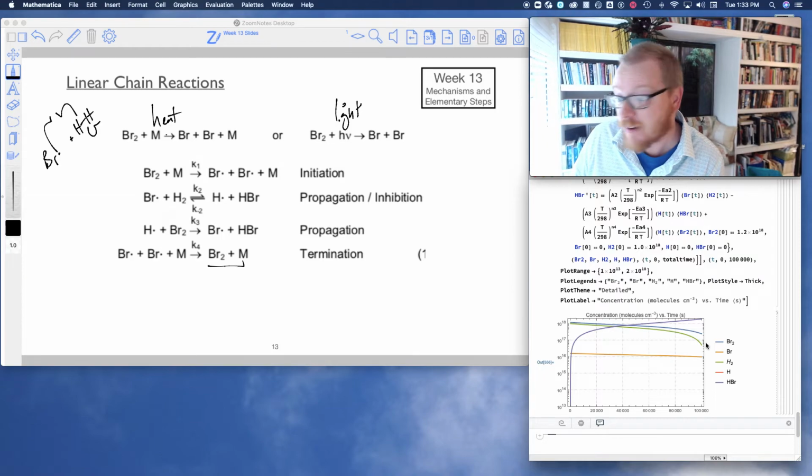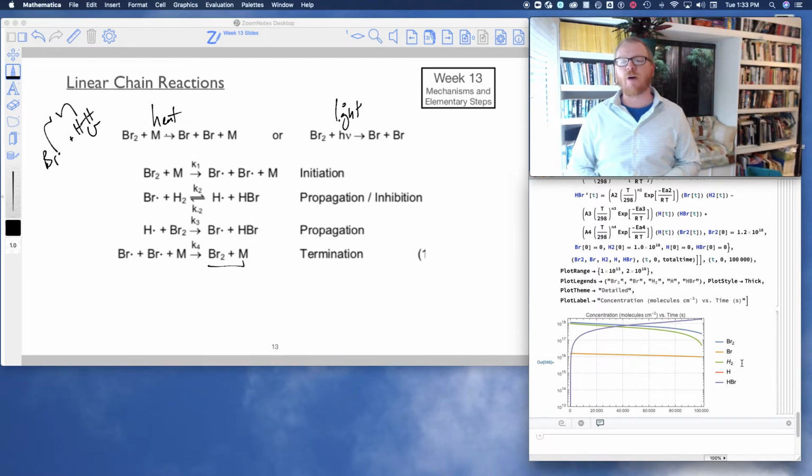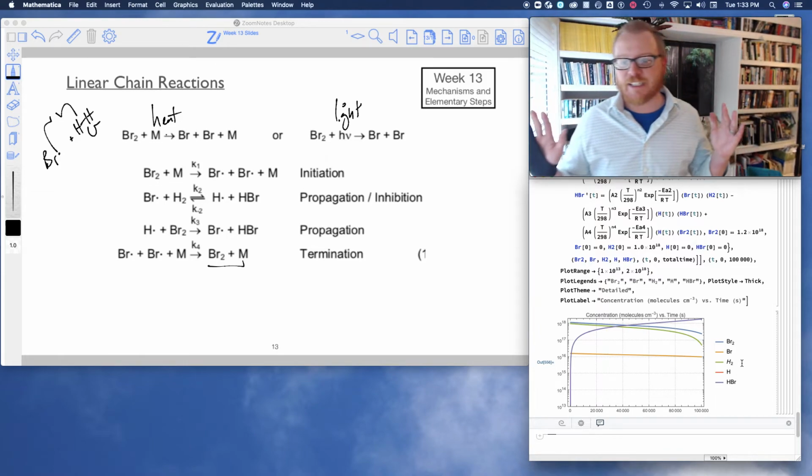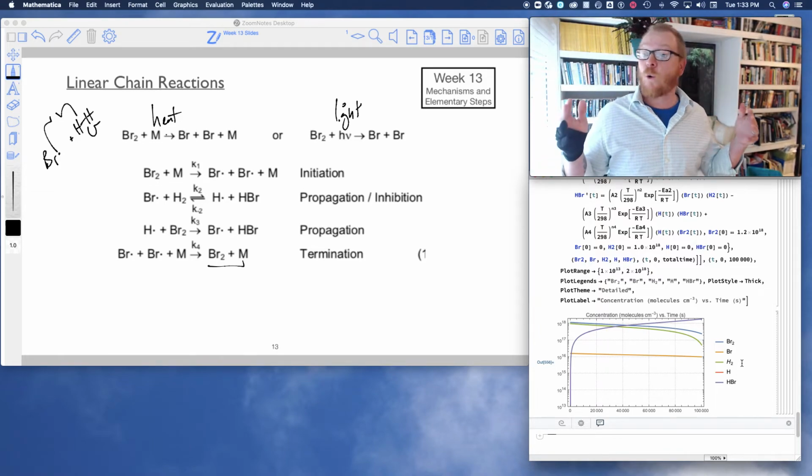They're not necessarily the same. You can see HBr is produced really quickly right away, but then tapers off and starts undergoing steady state production. Okay, so these reaction profiles are just completely different, whether driven by heat or light.